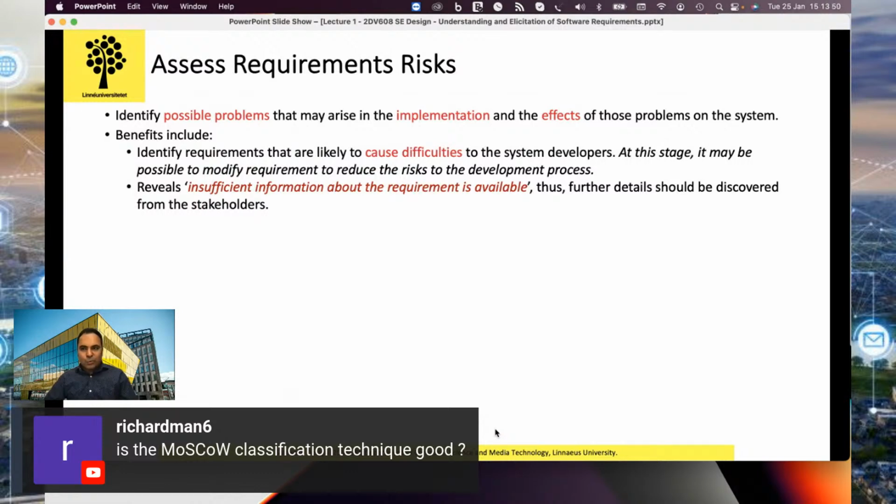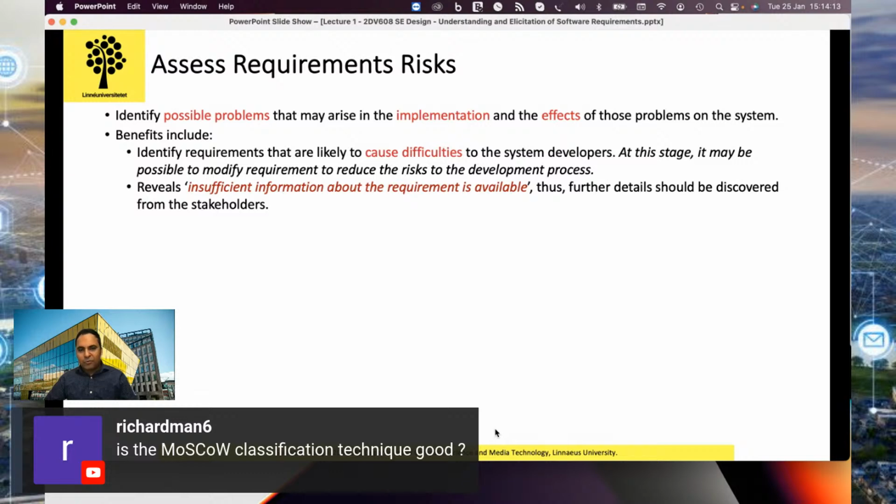We should also assess the requirements risk. The good thing about assessing requirements risk is that it may help you to avoid future problems in development and testing.